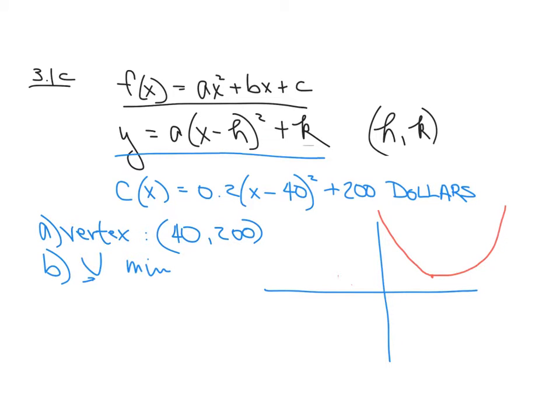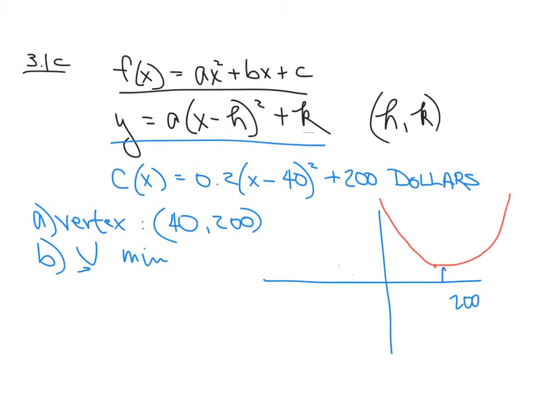I really can't graph it exactly like I want because I can't necessarily find other points on here, because it does not cross the x-axis. See? It doesn't cross there. So my minimum value is at y is 200. So this spot right there is 200, the distance between there and there, because that's my y. That's how high I am above the x-axis.